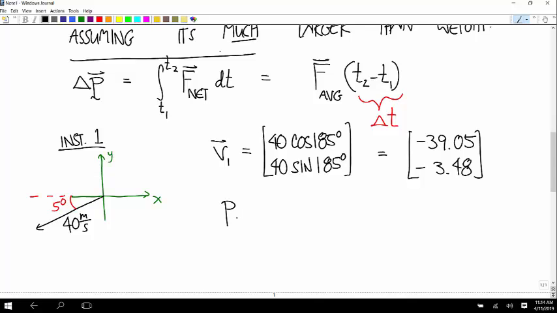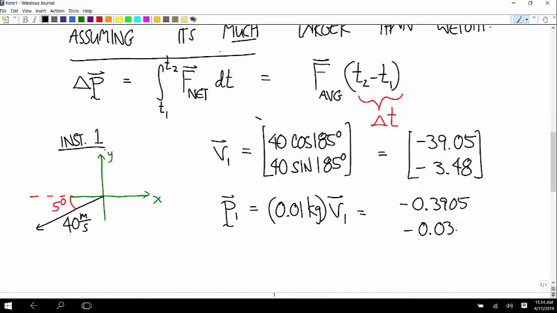And the linear momentum is just that times the mass. And so that's just equal to negative 0.3905, negative 0.0348. And the units are kilogram meters per second. It's 0.1 mass, thank you.